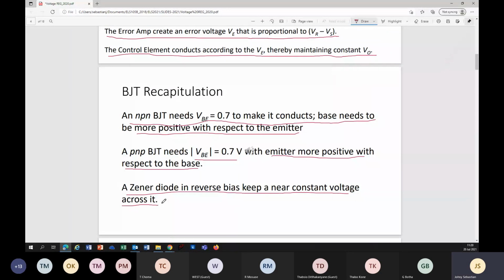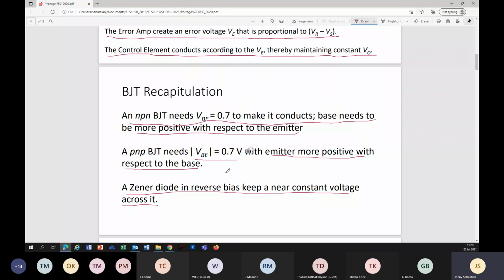We need these three points: NPN BJT, VBE with base more positive; PNP also needs 0.7 with emitter more positive; and the Zener diode keeps a near constant voltage across it, that is VZ. So we already know a Zener diode is always connected in reverse bias.